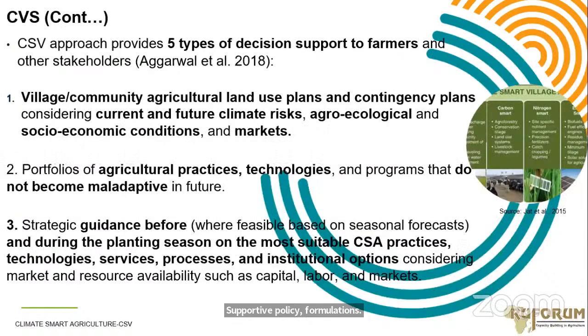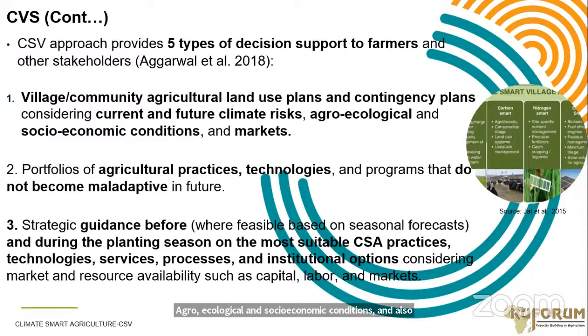So this approach provides 5 types of decision support to farmers. One would expect that a good climate smart village approach would yield agricultural land use plans or contingency plans, which factor in the current and future climate risk, agroecological and socioeconomic conditions, and also the prevailing markets.